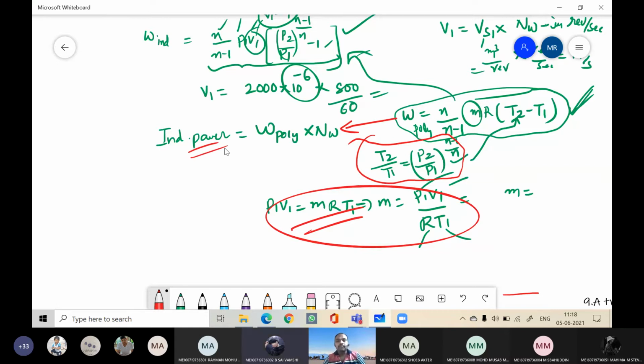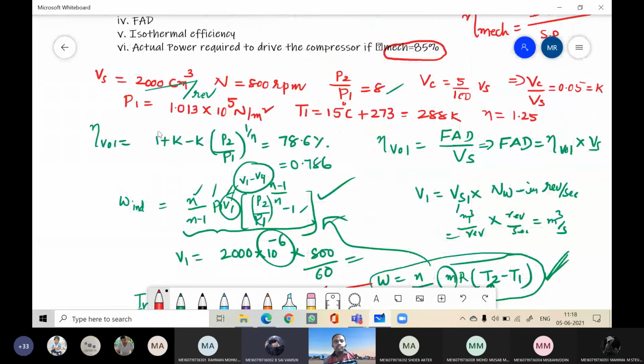So what should we take as the value of R? R value is 287 joules per kg Kelvin.